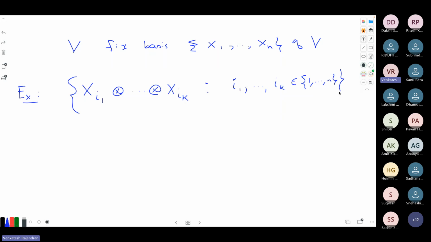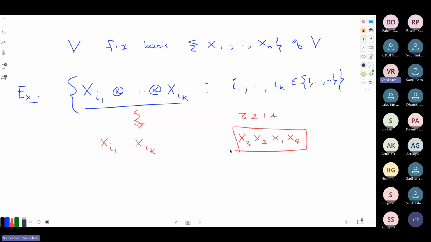So if you take all possible words like this, I would like to think of each as a word. So I would stop writing the tensor; instead of writing x_{i1} tensor x_{ik}, I would write just a word, x_{i1}, etc., x_{ik}. For example, if you take the word 3, 2, 1, 4, then we are considering x3, x2, x1, and x4. This is the word associated with this notation.